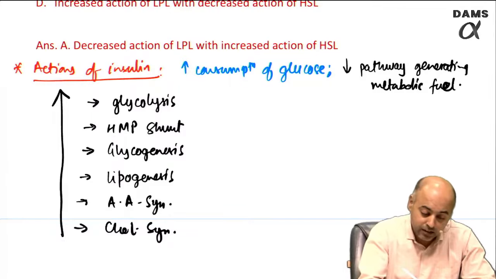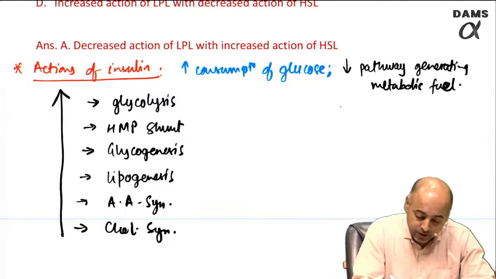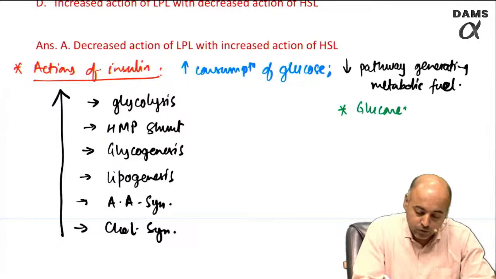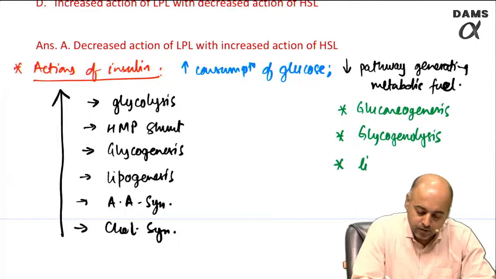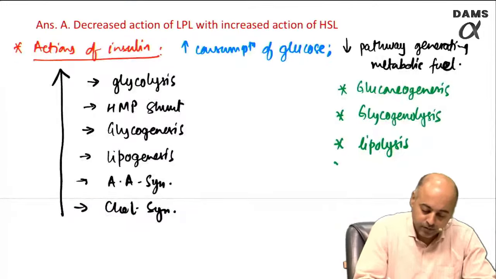On the other hand, the pathways which will get down regulated: gluconeogenesis, glycogenolysis, lipolysis, and ketogenesis.